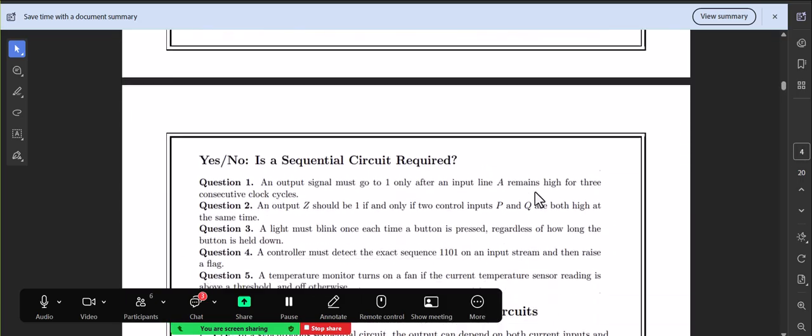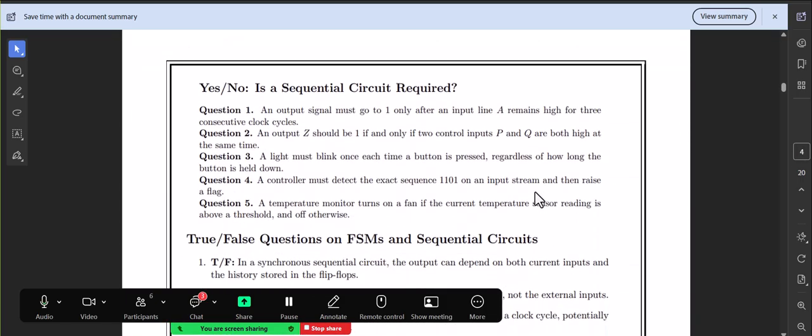Okay. Is a sequential circuit required? So what do I mean by a sequential circuit? If it has memory, we use flip-flops for that.